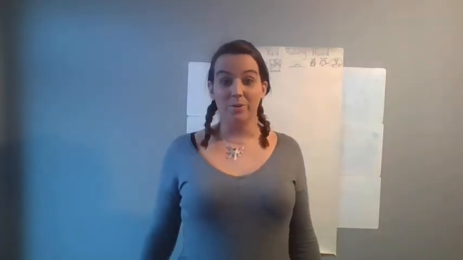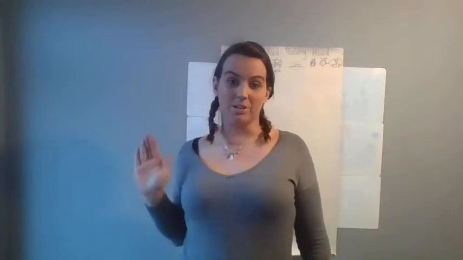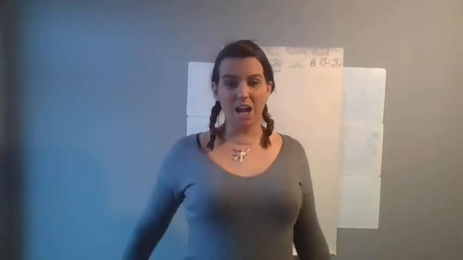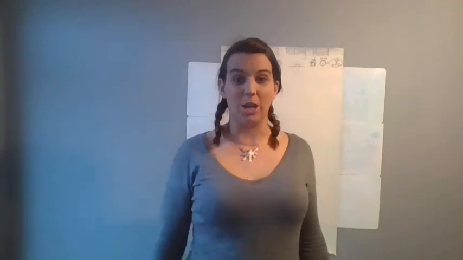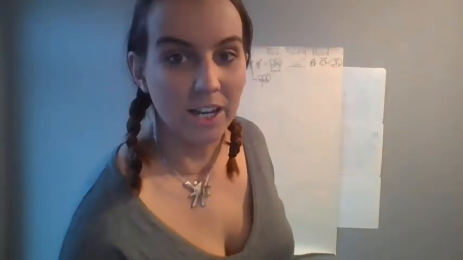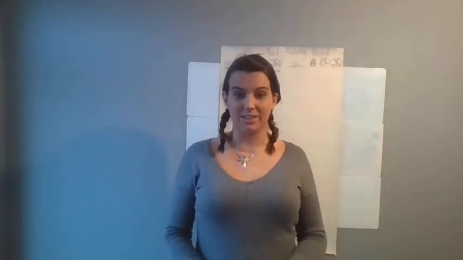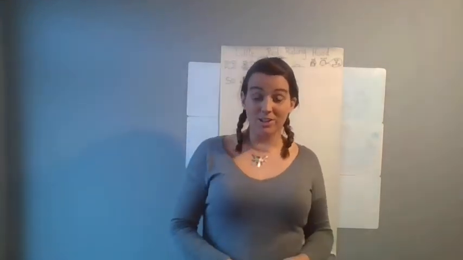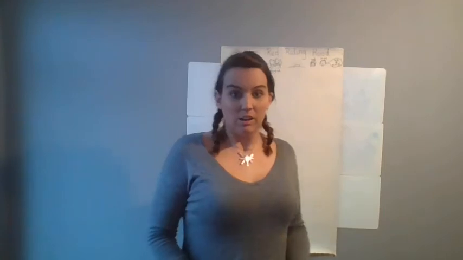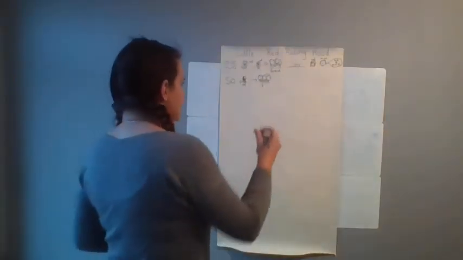Okay, so now I'm going to do this action. Can you remember what this action means in Talk for Writing? What words do we say when we go like this? But. Well done. But what do you think happened next?